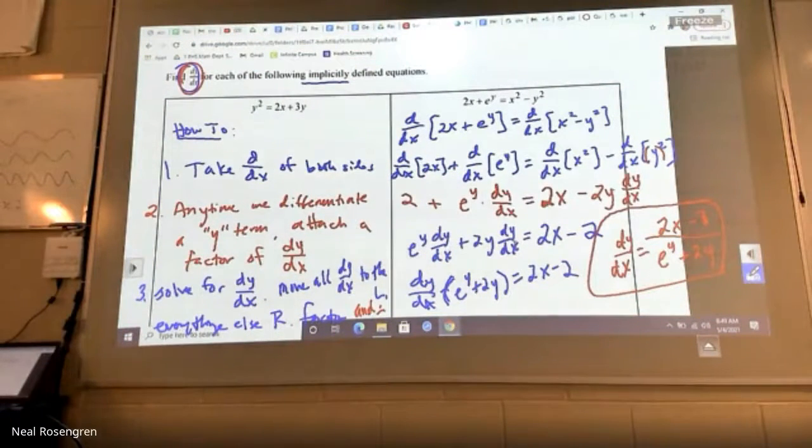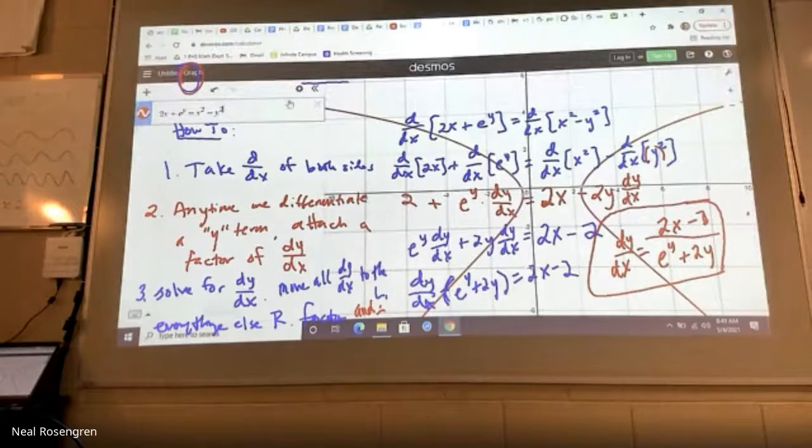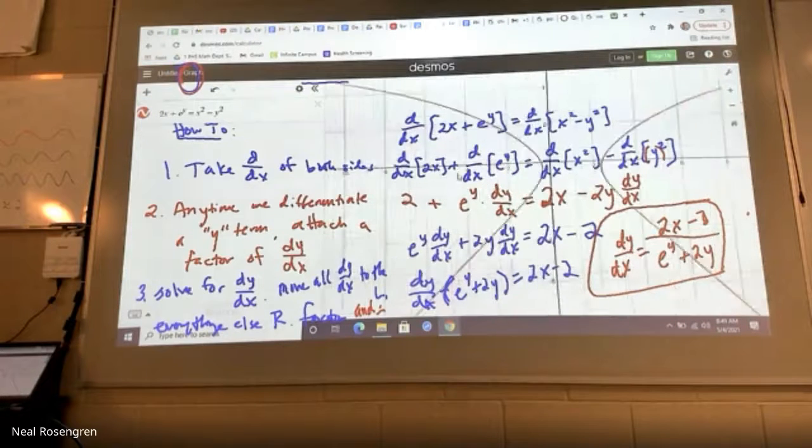And look, there's an x and 2 different y's in that equation, just to be able to take a look at the derivative, figure out how this graph is changing. Let's see, 2 to the x plus e to the y equals x squared minus y squared. Funky looking. That's pretty cool. Here, let me erase this stuff.